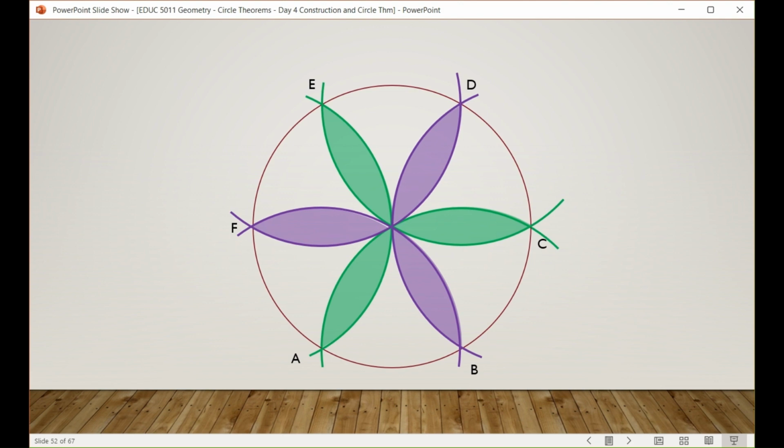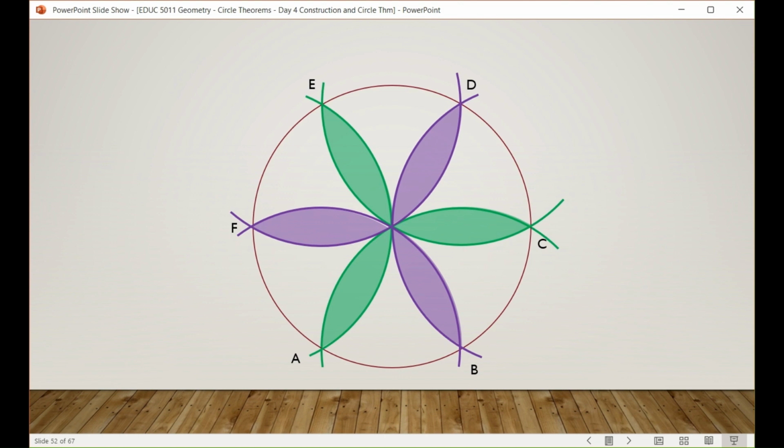And not just that, but we've also taken this circle and subdivided it into how many parts? A to B, that's 1, B to C, 2, C to D, 3, D to E, 4, E to F, 5, and F back to A, 6. So we've taken the circle and split it into 6 parts.